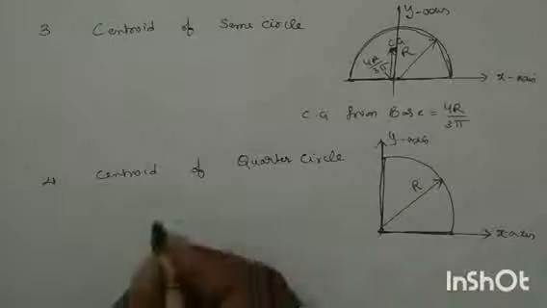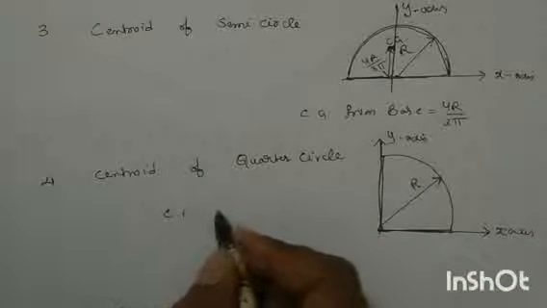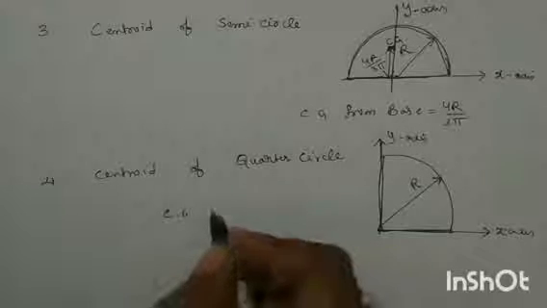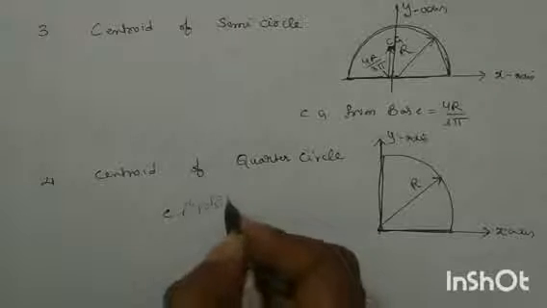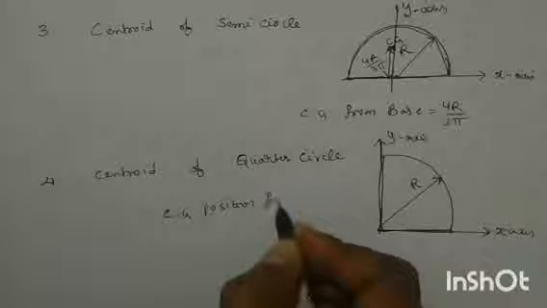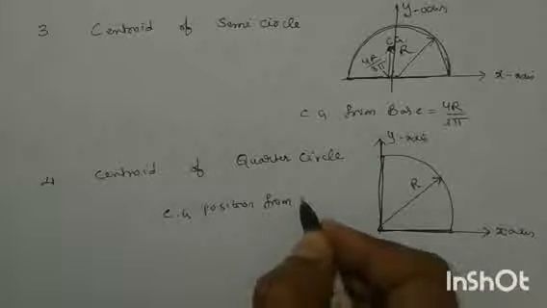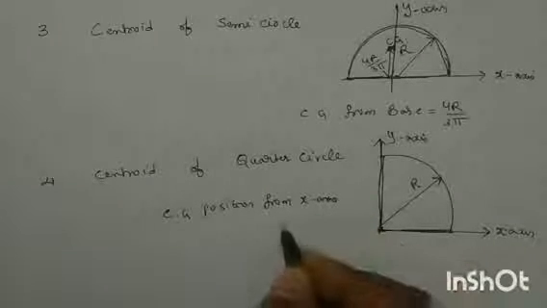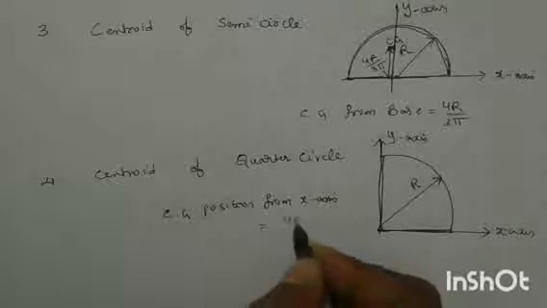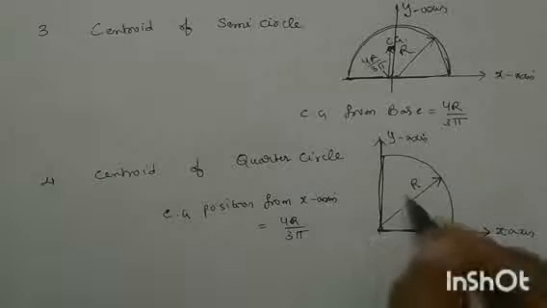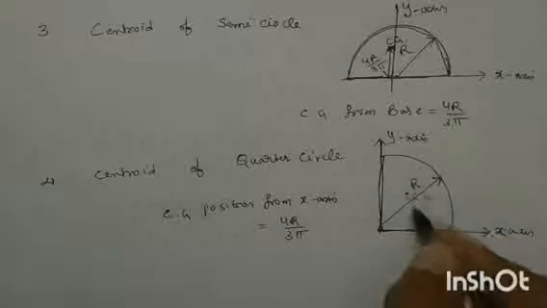Then what is the CG, center of gravity at the centroid position from x-axis, means horizontal base, that is 4r by 3π, means let us take this as a CG point.